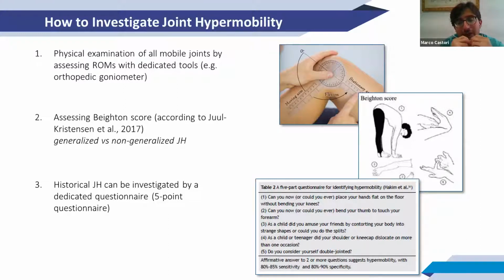Currently, around this tool, there is a debate. We are not completely sure that this 5-point questionnaire is valid in a clinical setting, but again, these questions can help you when you are interviewing patients with a suspicion of joint hypermobility and related disorders.